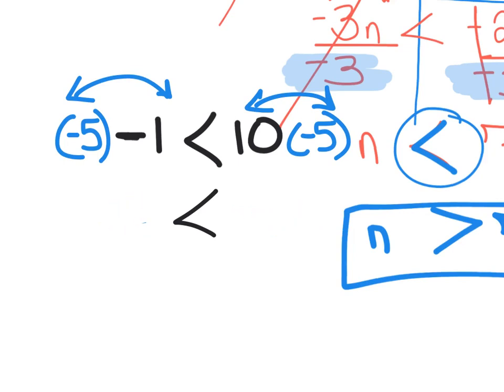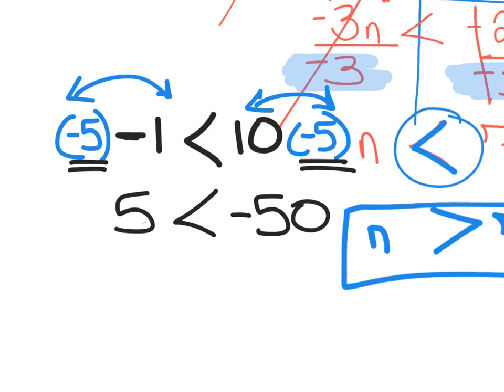I have 5 on the left and negative 50 on the right, and I got that by multiplying each side by negative 5. So when I multiply each side by negative 5, all of a sudden 5 became bigger than negative 50, or my left became bigger than my right side. So I need to reverse the inequality sign that I started with to make this true. So my inequality would be 5 is greater than negative 50.